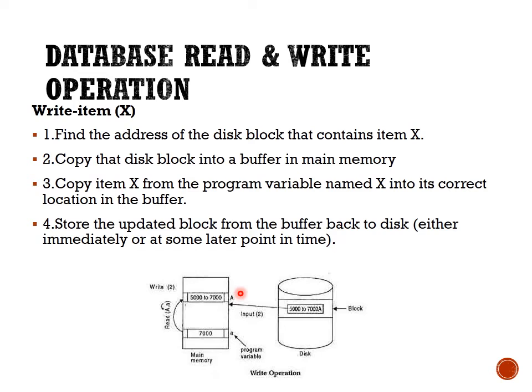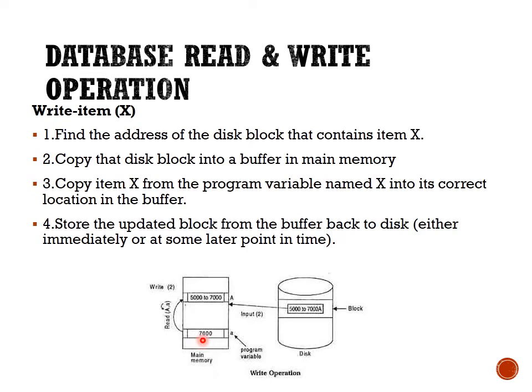So in order to perform the write operation, first you have to find the address of the disk block that contains X. Here it is A. Then copy the disk block into the main memory if that disk block is not already in the main memory.